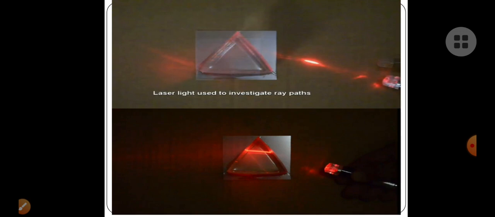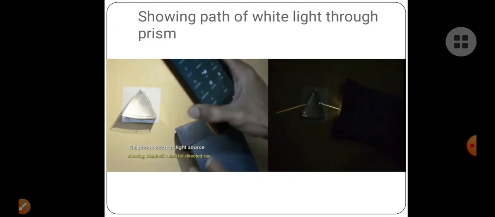We put this prism and pass this laser light through it and can easily notice the deviation of the path of the ray of light when it passes through this prism because of change of medium.